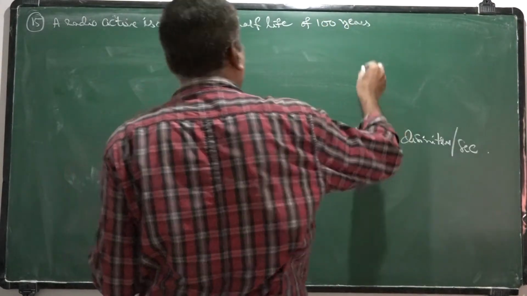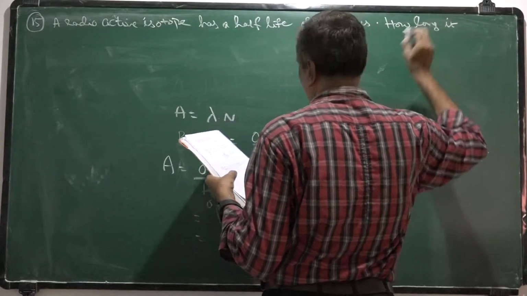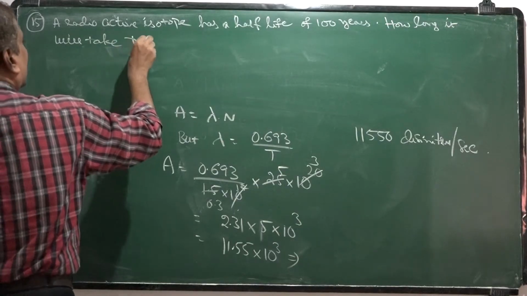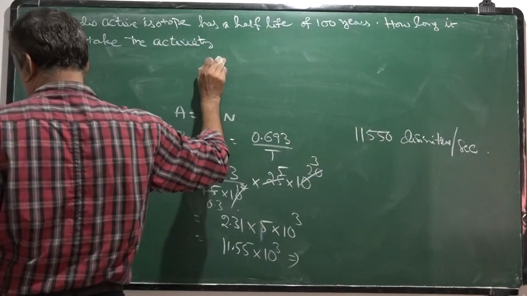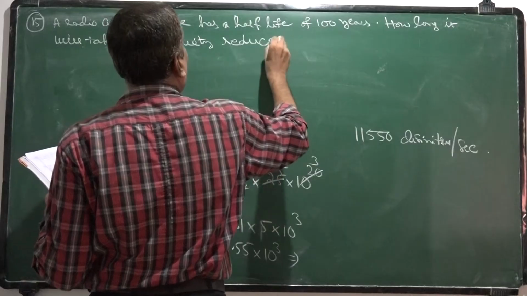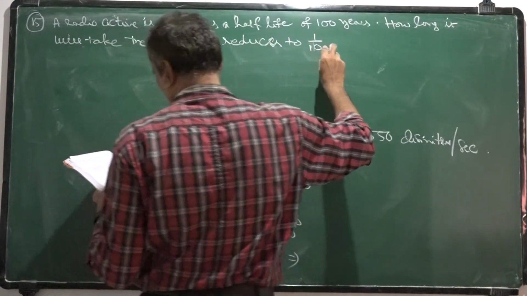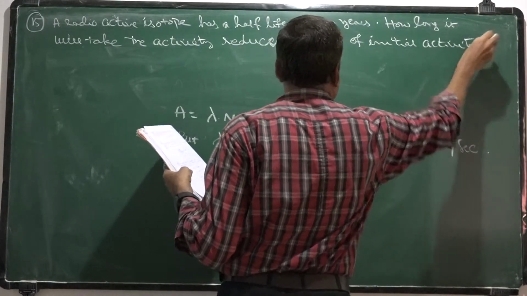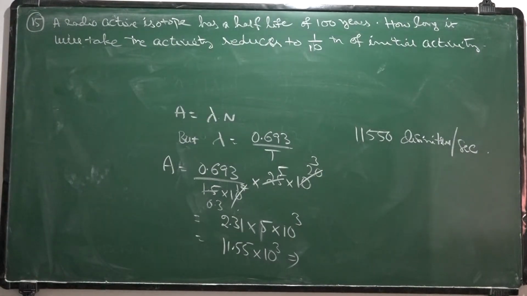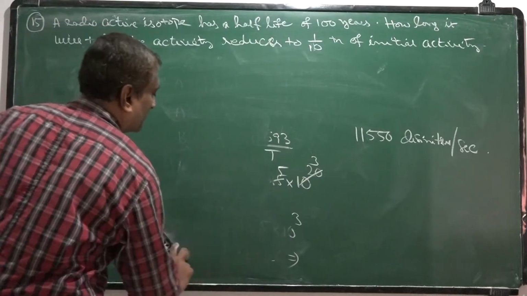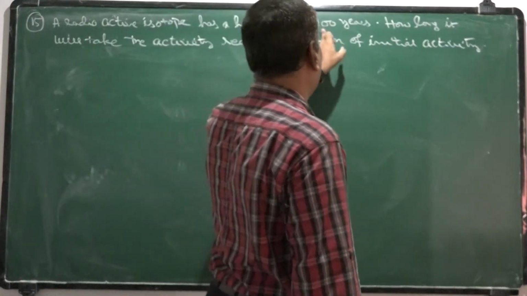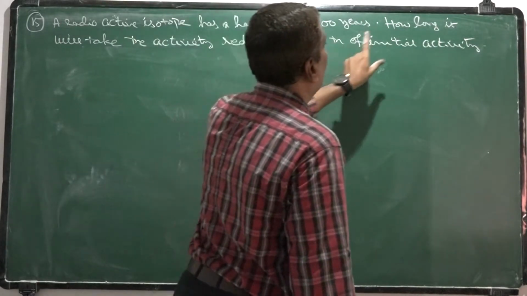How long will it take for the activity to reduce to 1/10 of the initial activity?